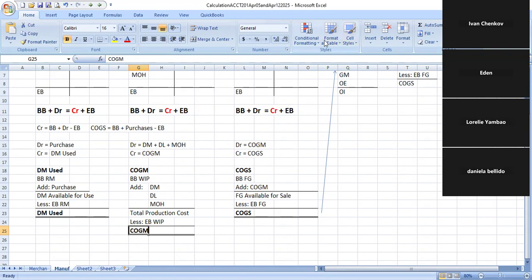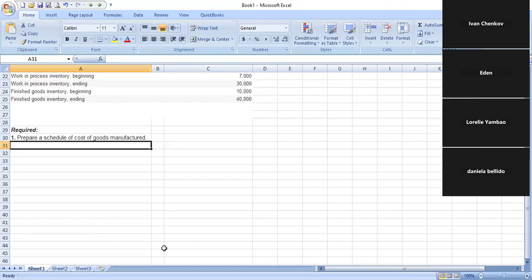So let's start now. Let's do it together quickly, so at least you know how this is done. Let me again open the Excel spreadsheet. So let's start at the beginning.